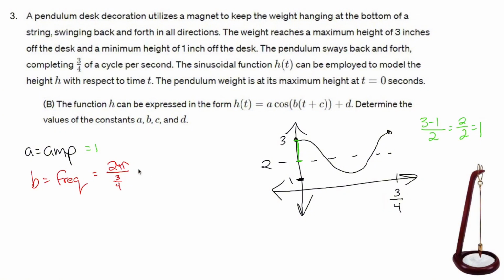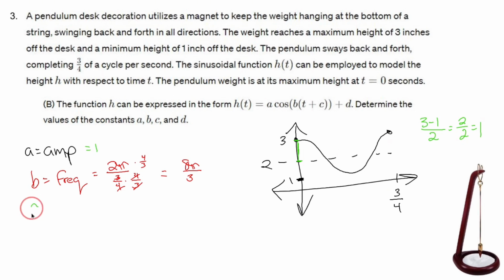My period is 3/4, so let's multiply the top and the bottom by 4/3. You cross out, you cross out, you cross out, you cross out. As tempting as it is to look at the 2 and 4 and think something crosses out, it doesn't. So I have 8 pi over 3. So B is going to be 8 pi over 3. Pretty gross, but that's what it is.